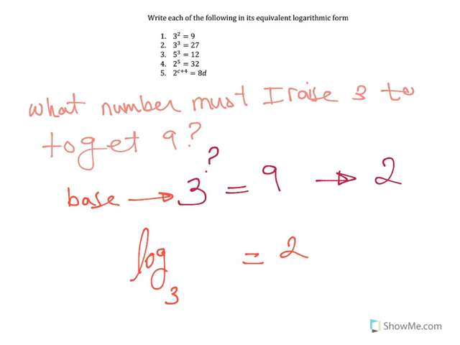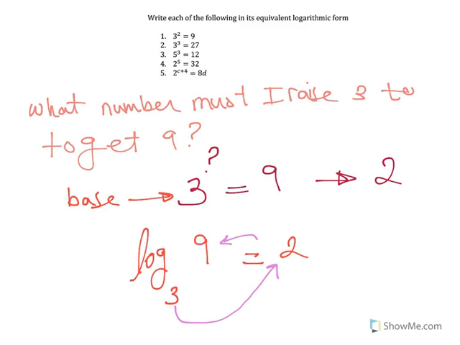That's why we write it at the base of the log of 9. So it's read like this: log base 3 of 9 equals 2. And we can also read it the same way in exponent: 3 to the power of 2 gives me 9. So it's the same idea after all.